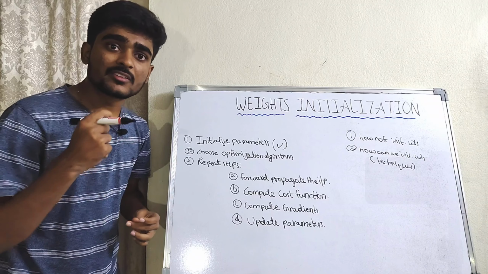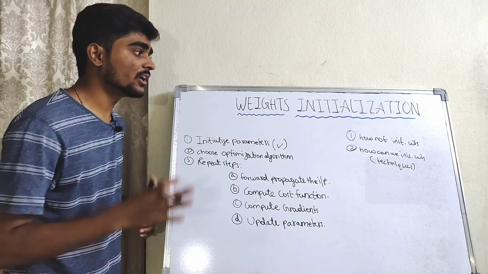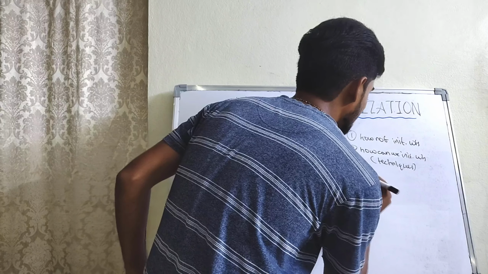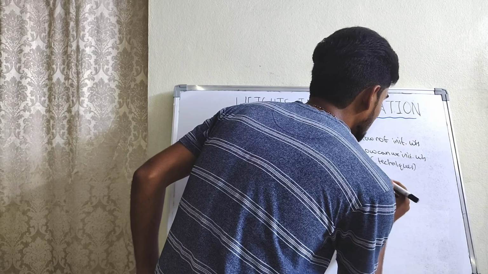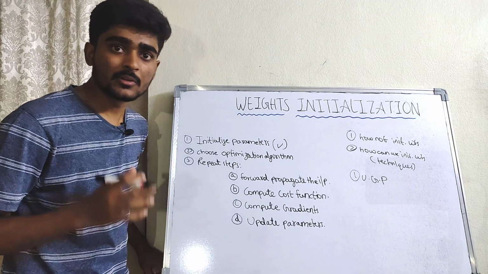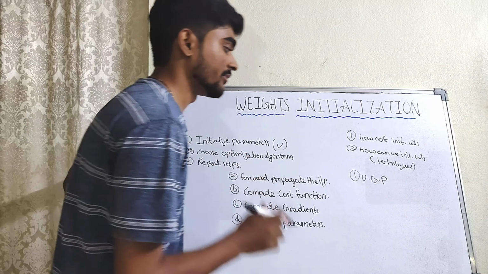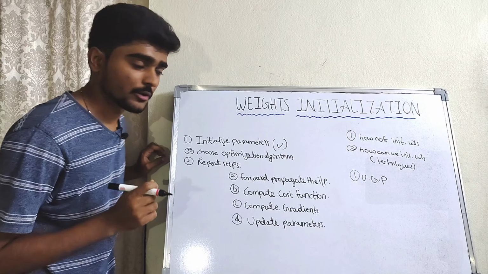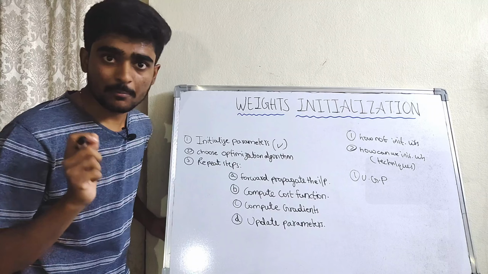Now we have understood the importance of initialization of the parameters. We'll be discussing the disadvantages of wrongly initializing the parameters. The first disadvantage is the vanishing gradient problem. This is the most frequent problem that we face in an artificial neural network, and one of the causes of this vanishing gradient problem is initialization of the parameters.